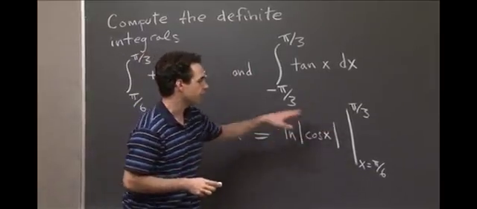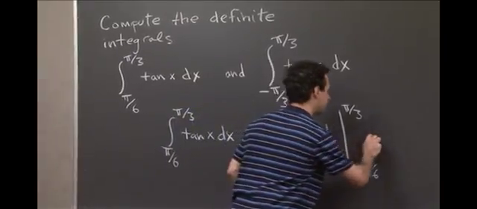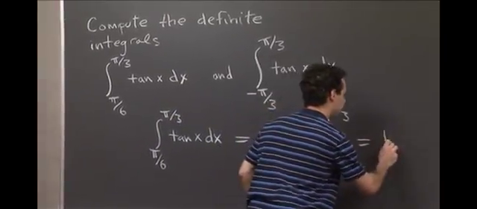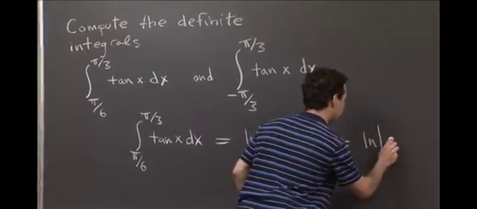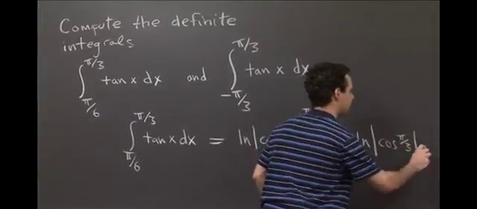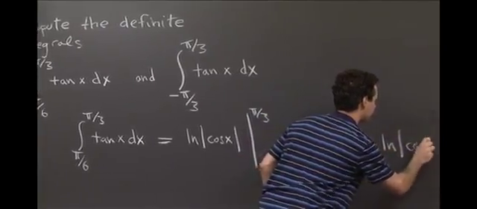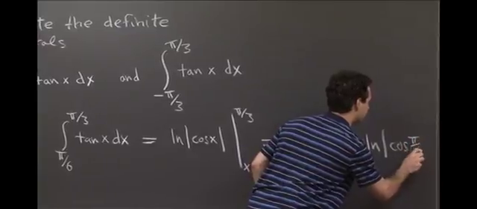This is the notation that Professor Jerison introduced. So what does this actually mean? It's just a shorthand for ln of the absolute value of cosine of pi over 3 minus ln of the absolute value of cosine of pi over 6.